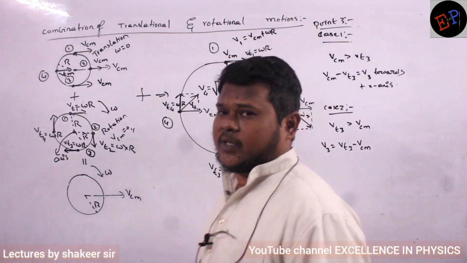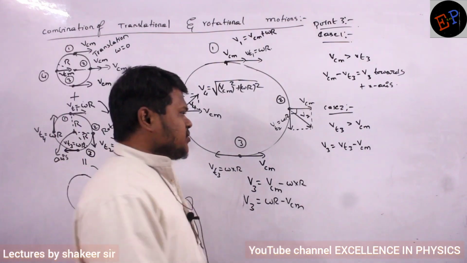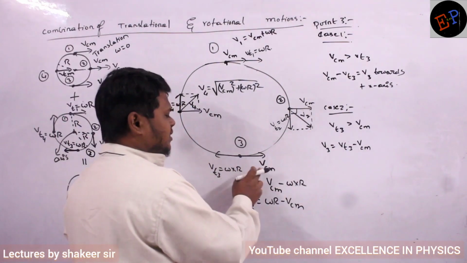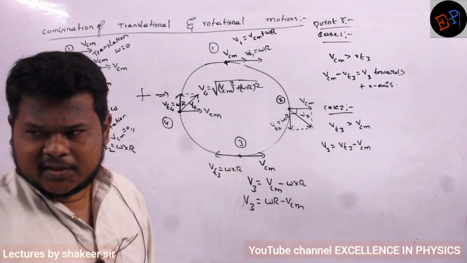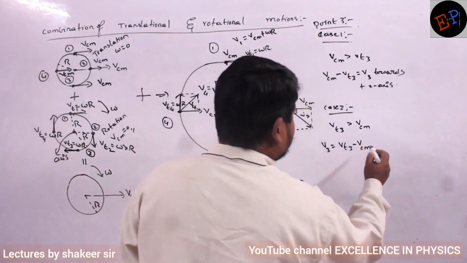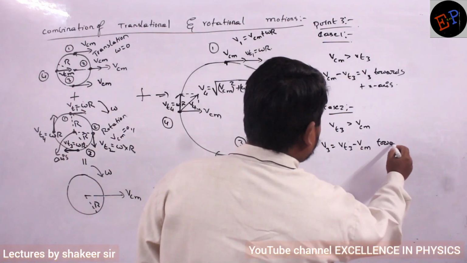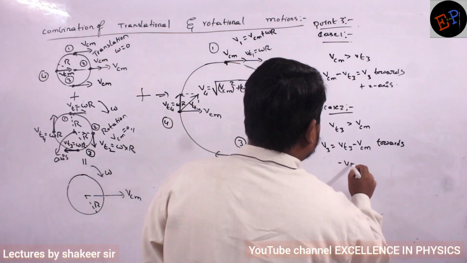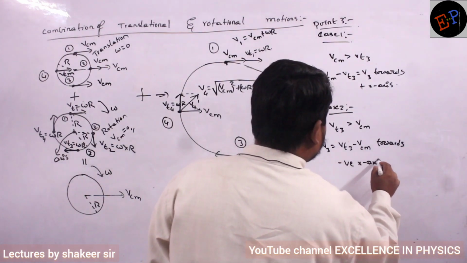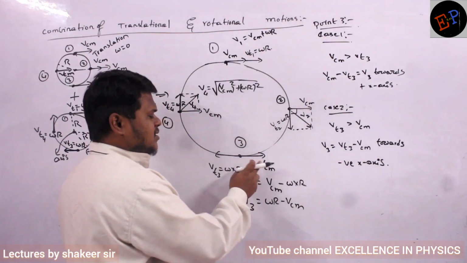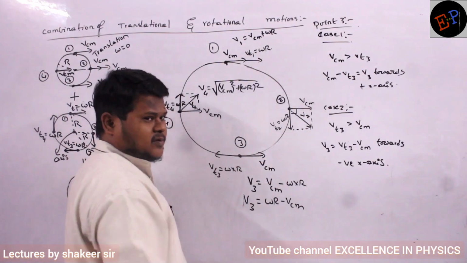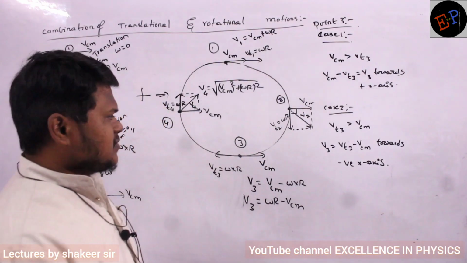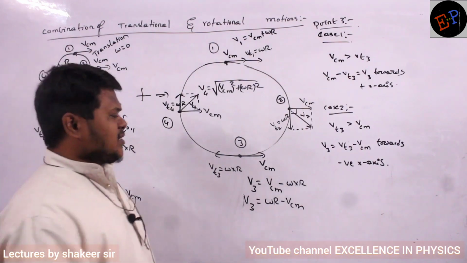Right, we have to subtract the smaller from the bigger. So Vt3 may be greater than Vcm. Are you able to understand? Then this velocity will be towards which direction? It will be towards negative x-axis. So if Vcm is greater than Vt3, then net velocity will be towards positive x-axis. Otherwise it will be towards negative x-axis. Case number 3.